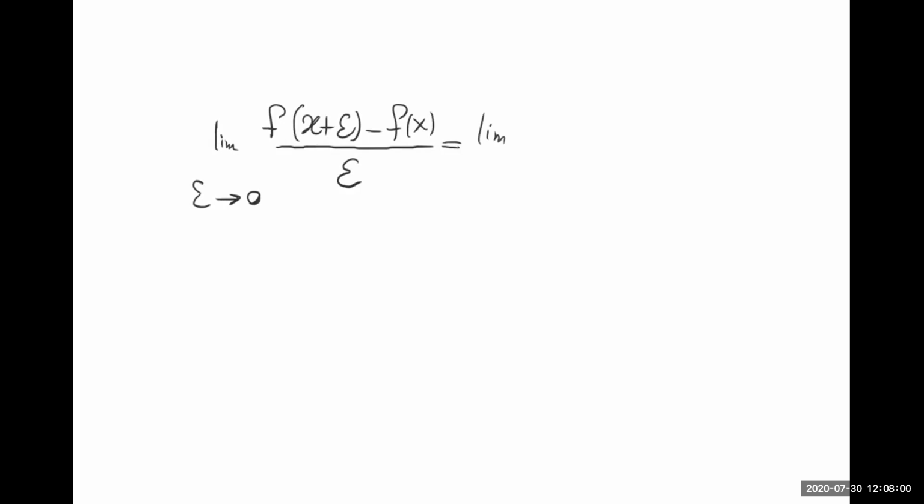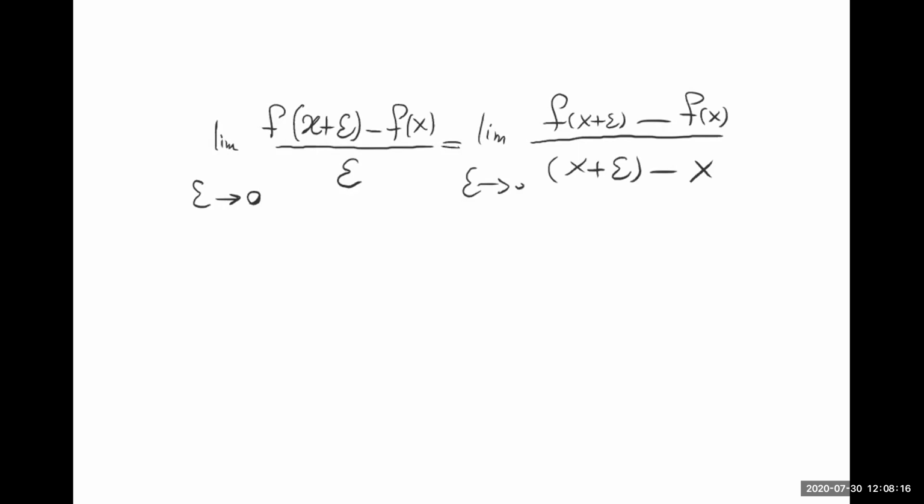I can rewrite it as f of x plus epsilon minus f of x over x plus epsilon minus x, where epsilon is going to 0. So in our domain, we have x, and then in our range, we would get f of x.